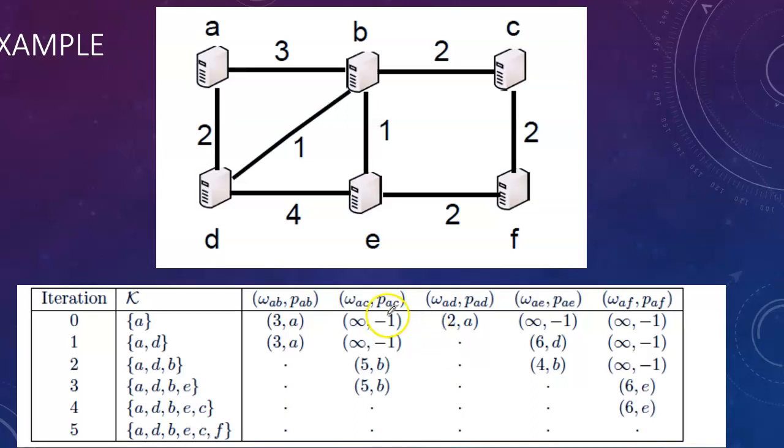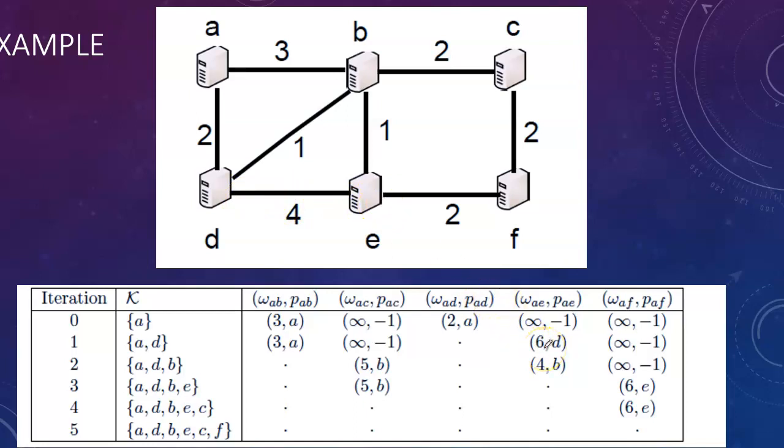Now that D is selected, we can update the weights. The weight of B is not updated, but we go to the other neighbors of D, which, well, there's only one other neighbor, which is E. The cost of E is set to 6.